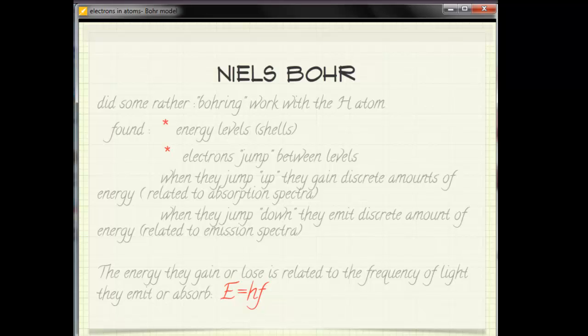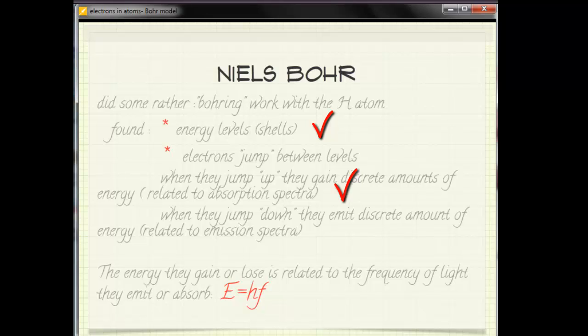So Bohr did some very interesting work, although we can still say it was boring work because he did it. He came up with this idea of energy levels. He came up with this idea that electrons can become excited. They can absorb energy and jump up energy levels.